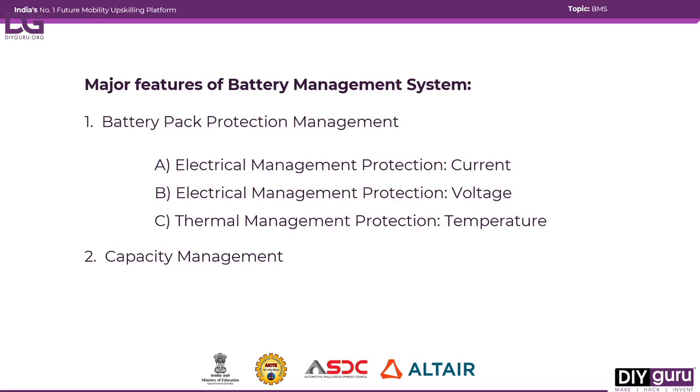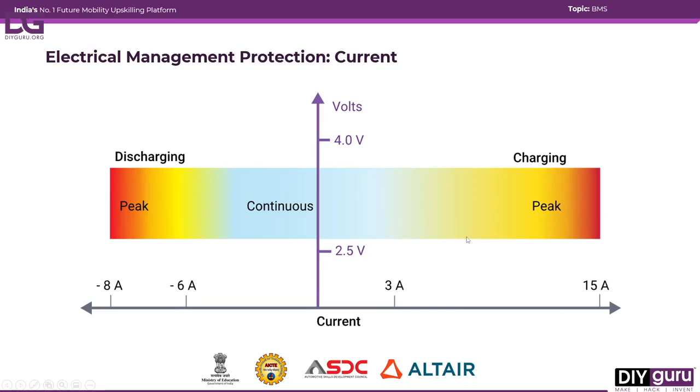Now in this video we are going to look at the capacity management. So we worked around the electrical management protection part, so the peak discharge, peak charge points, and then depending on that we set upper and lower thresholds for the charge and discharge, and BMS will continuously monitor these things and act accordingly.